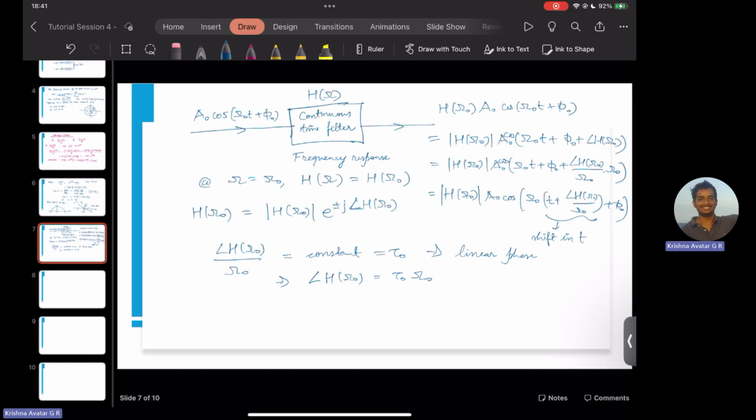Now, for an ideal filter, we would require the angle of H omega naught to be 0, which is of course not possible in practicality.